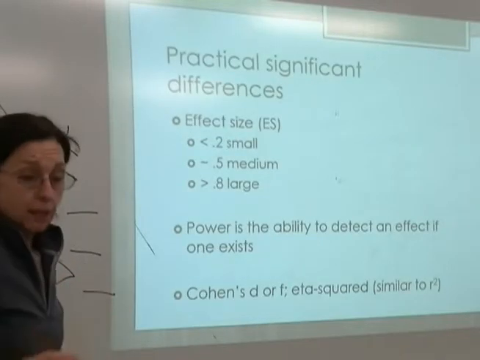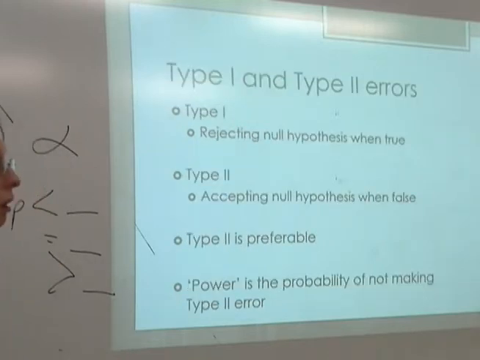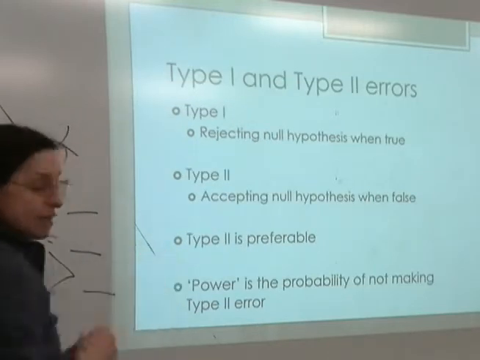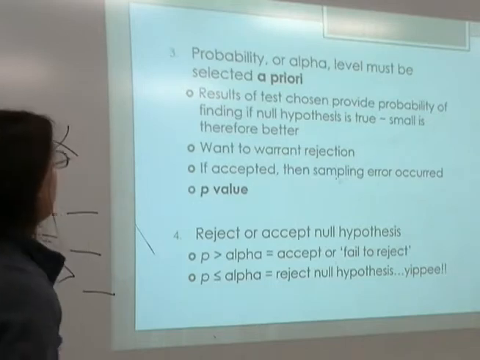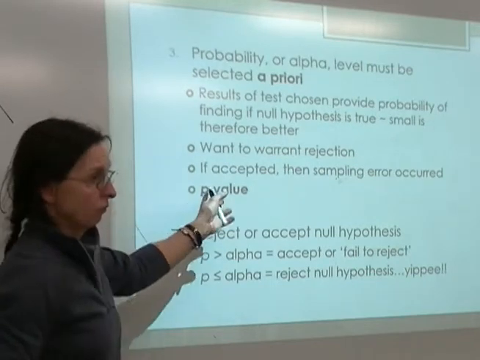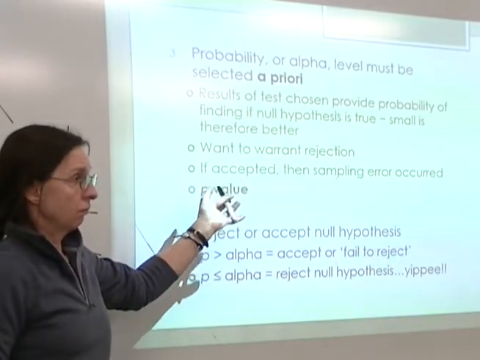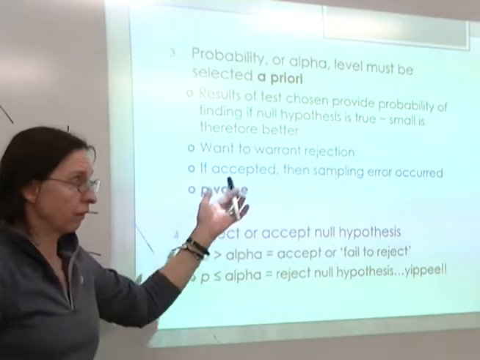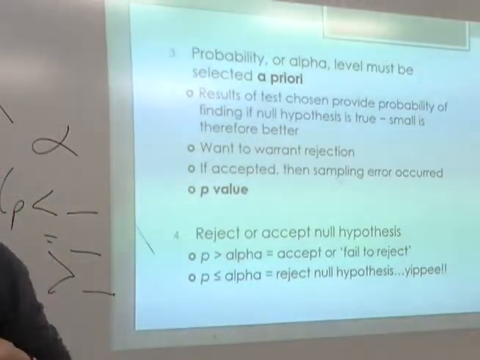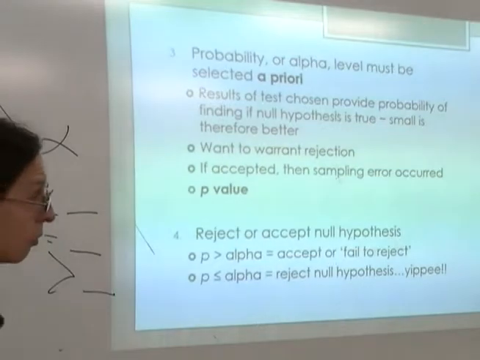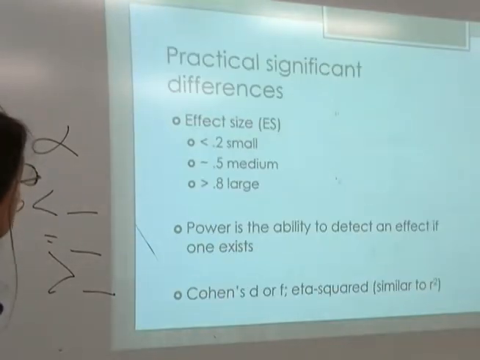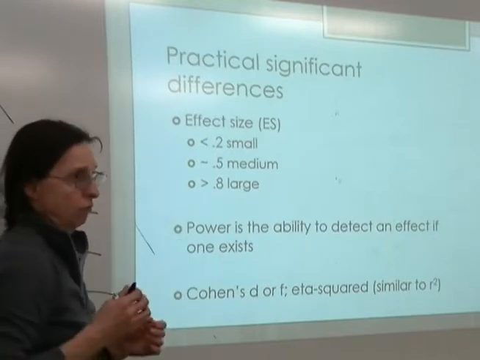Okay. When you're reading, they're always going to tell you whether or not they found significance, right? Did they find significance? Less often, unfortunately, they will tell you what their effect size was.